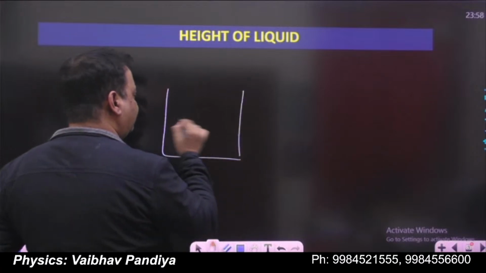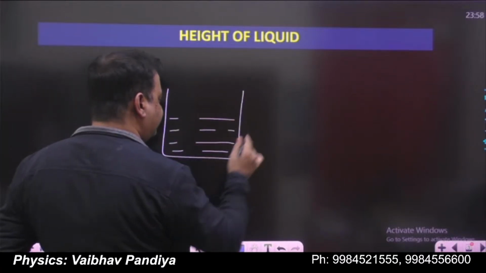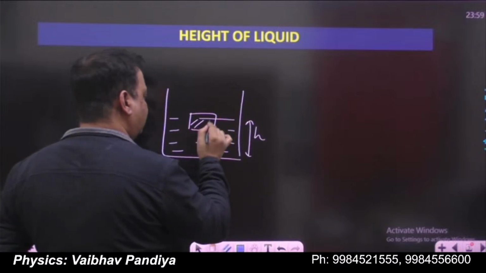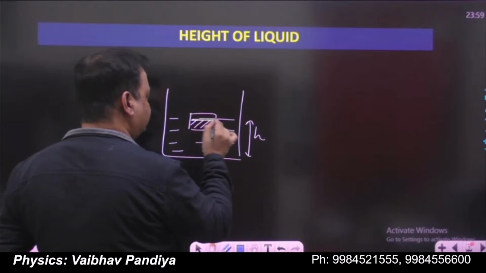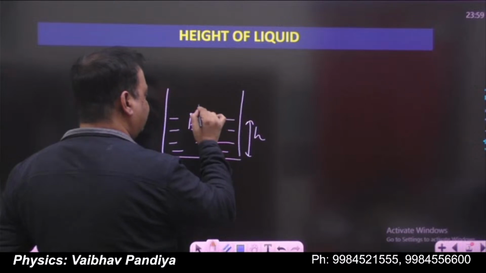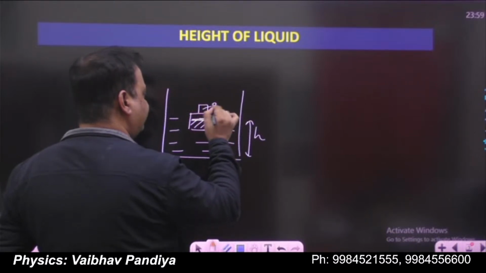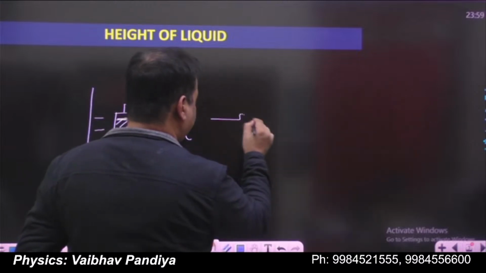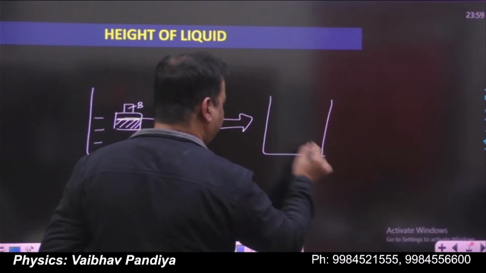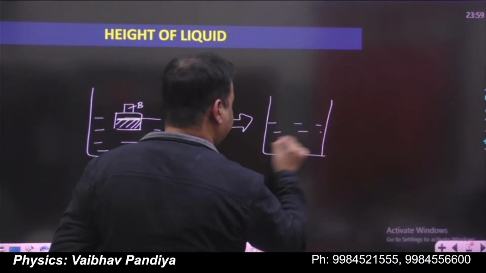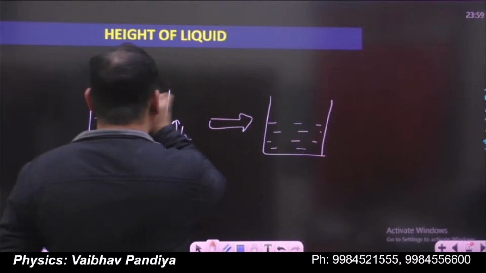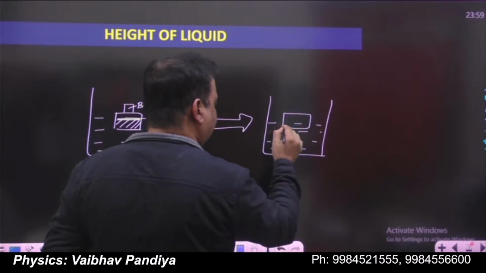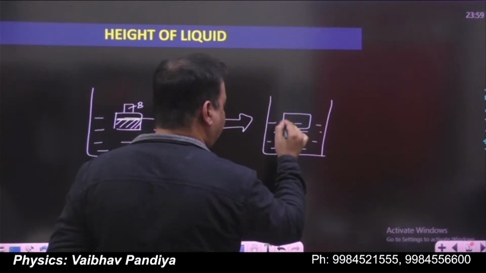So suppose originally the height is h, correct? And this is some solid, and there is another object, say B, kept on it. Right now, I'm not doing any particular problem, I'm just telling you the fundamental logic. So you have removed this object B, so surely this block will come a little bit towards the upper side.